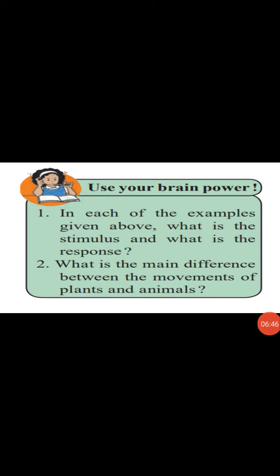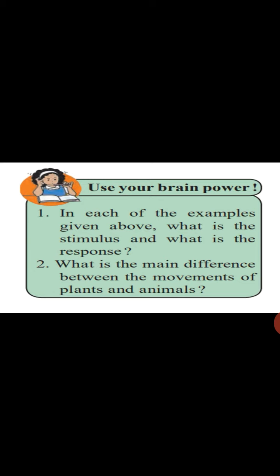Use your brain power. In each of the examples given above, what is the stimulus and what is the response? So students, in each of the examples there is a stimulus and a response. So note down different examples of stimulus and response. Second, what is the main difference between the movements of plants and animals?